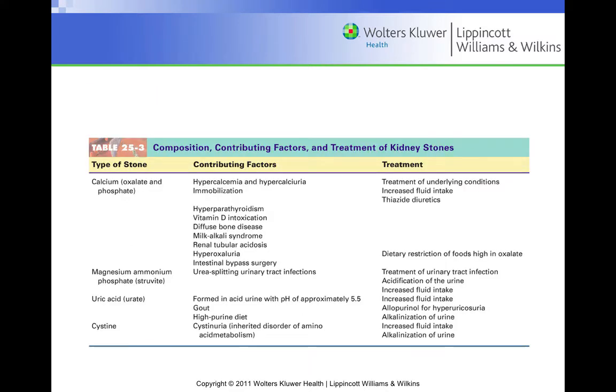This is a nice table that talks about contributing factors of kidney stones. Not that you need to memorize this, but understand that acidification of the urine or alkalization of the urine is the main driver of what we do in terms of treatment.